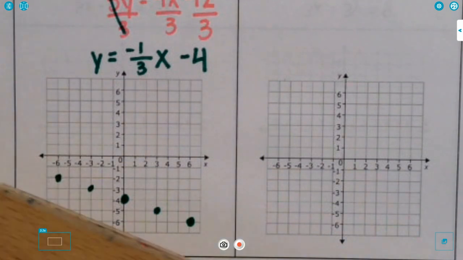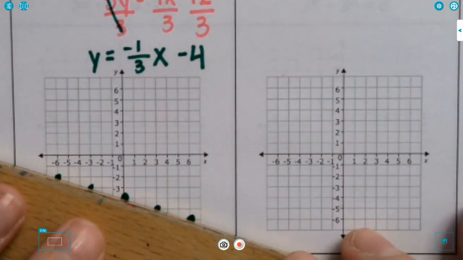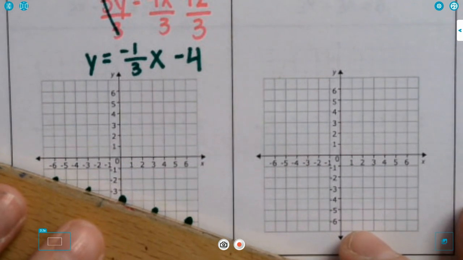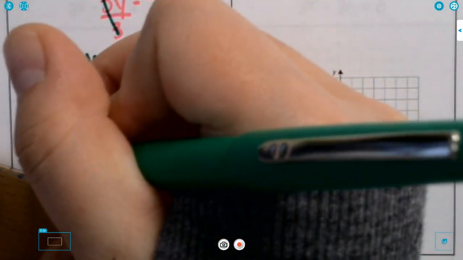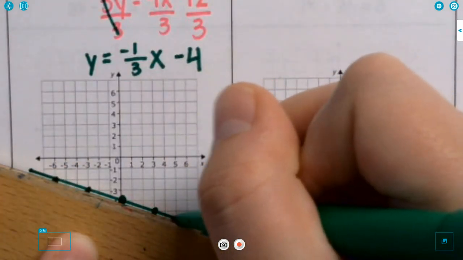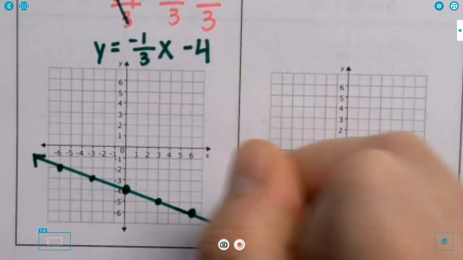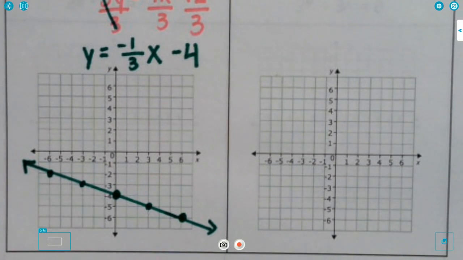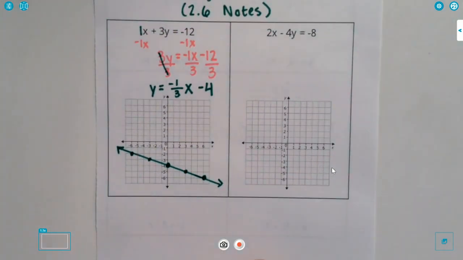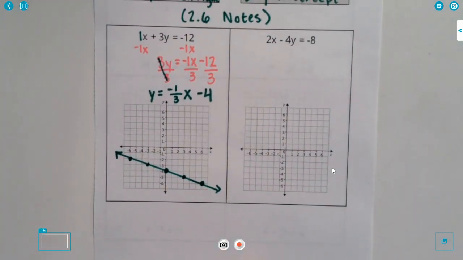If you believe that you can connect 5 points close enough that I can tell it's supposed to be a straight line, you don't have to use a ruler. You can also use your student ID card or the side of your phone or another sheet of paper. There's lots of things with a straight edge that you could use, but I'll grab rulers in a second. That way we can just get through notes. Any questions on that first one?